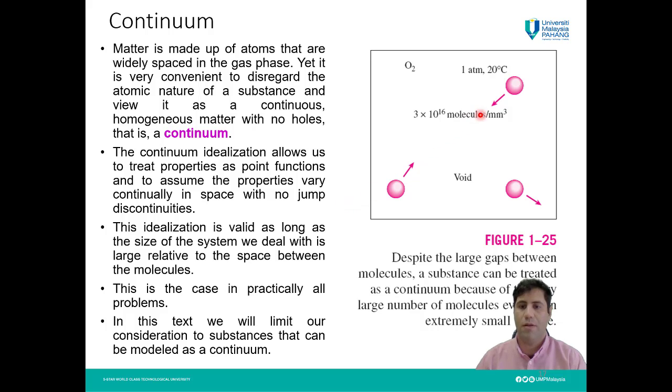For example, the molecules, as you can see here in this example, we have gaps, void space between the molecules. But when the size of the system is much higher than the space between the molecules, we can consider the system as a continuous system.